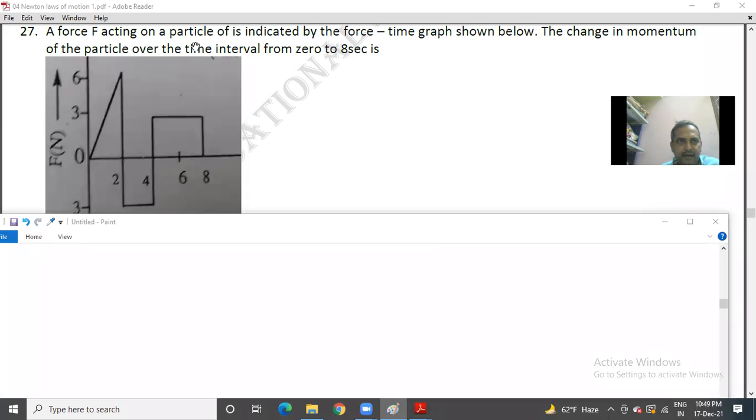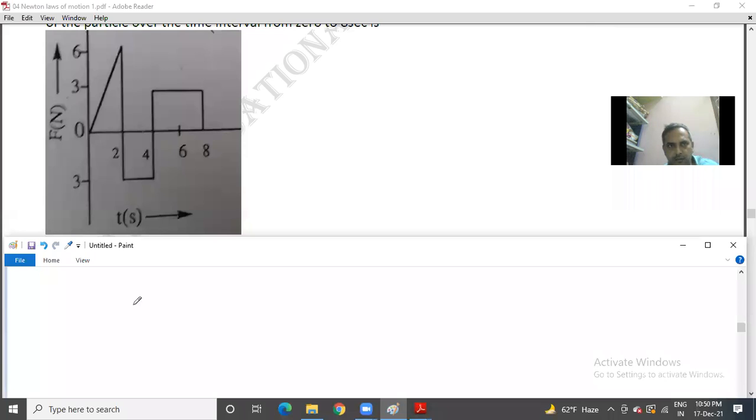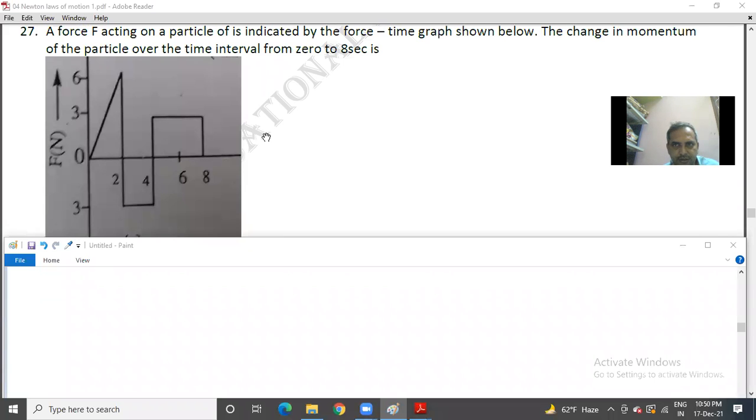A force F acting on a particle is indicated by the force time graph shown below. The change in momentum of the particle over the time interval from 0 to 8 seconds. Now we have to find out the change in momentum.